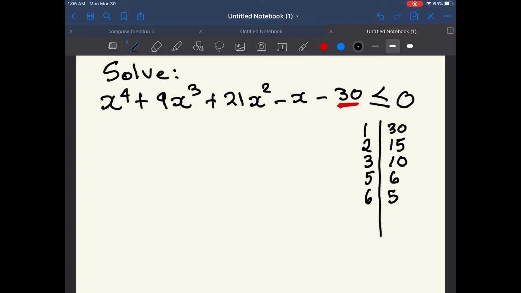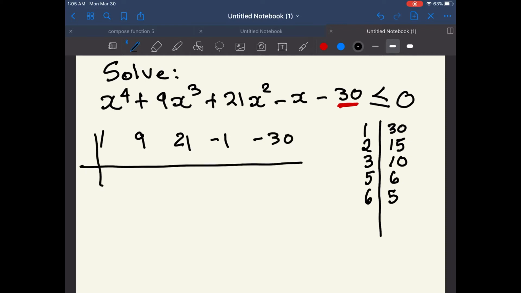For example, first I'm going to try the factor 1. The coefficients here are 1, 9, 21, -1, and -30.